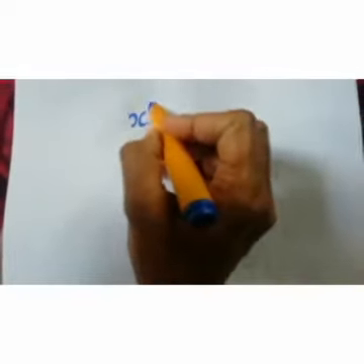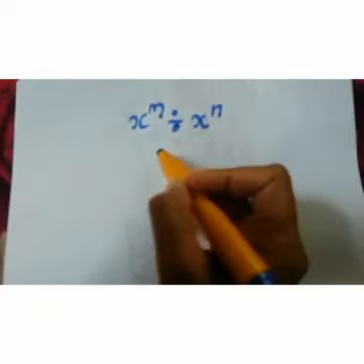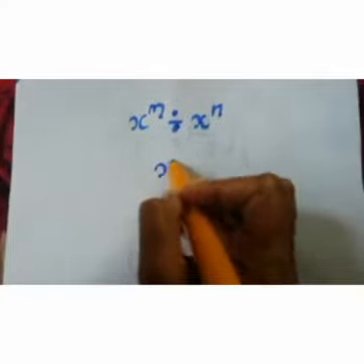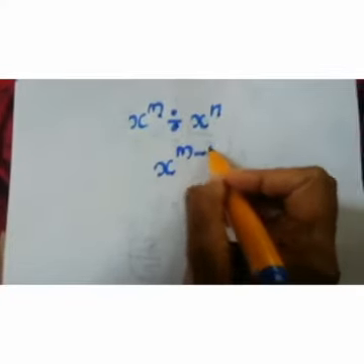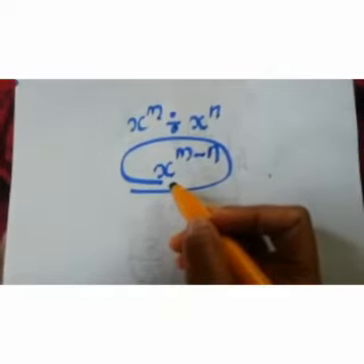We can express it in algebra. That is, if x raised to m divided by x raised to n, the overall result should be x raised to m minus n. This is the final answer.